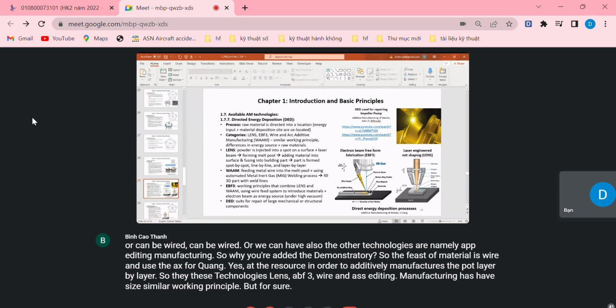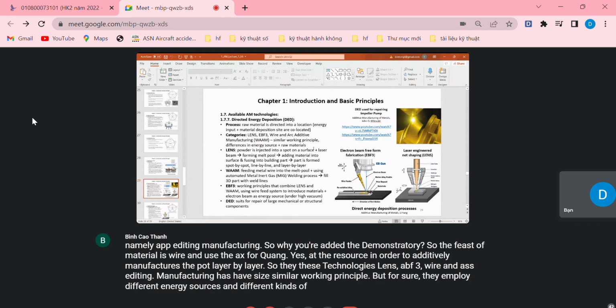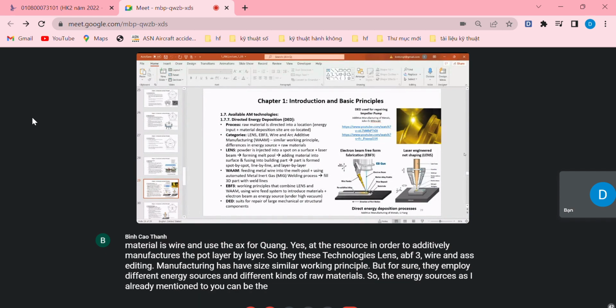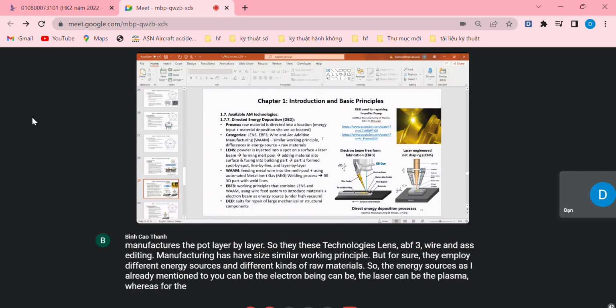But for sure, they employ different energy sources and different kinds of raw materials. The energy sources, as I already mentioned to you, can be the electron beam, the laser, or the plasma, whereas the raw material can be in the form of wire or powders.